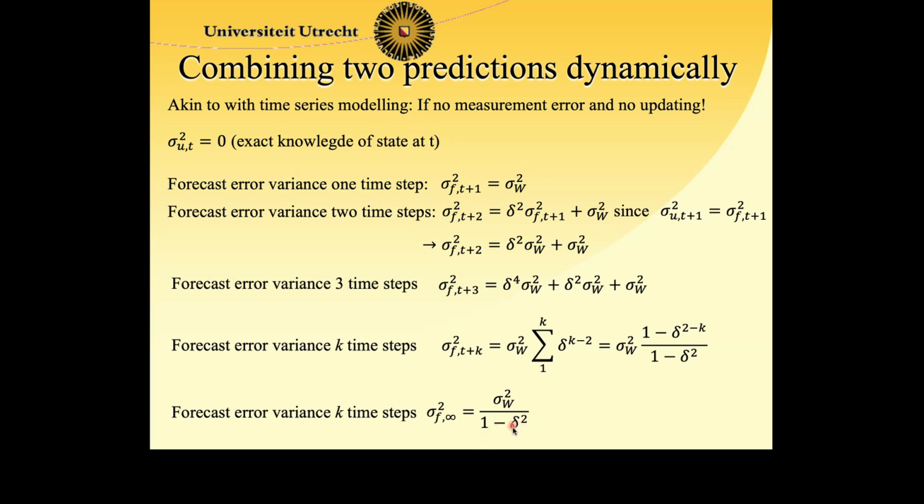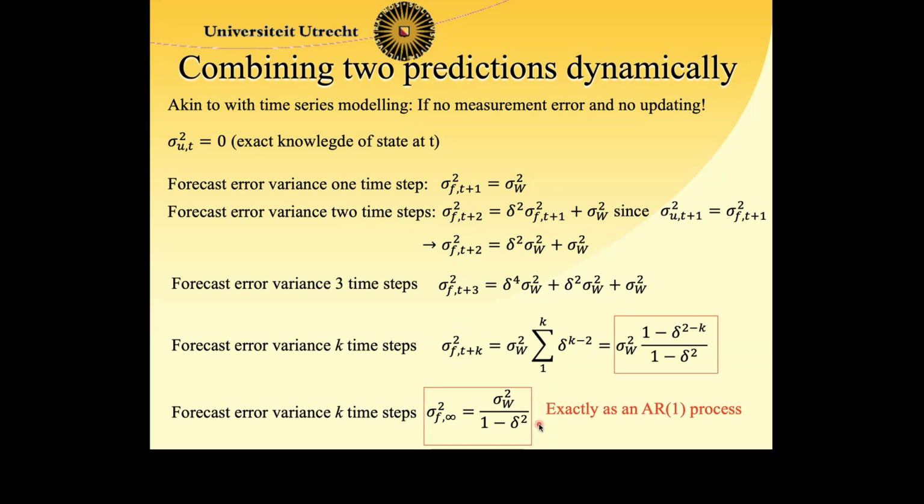And you can see the larger the delta is, so the more correlated in time the groundwater levels are, or the errors in the groundwater levels actually, and the groundwater levels itself are, the larger the variance in the infinity. So the more important it is that you do the updating now and then, yeah? Because it basically rises exponentially to a very high value.